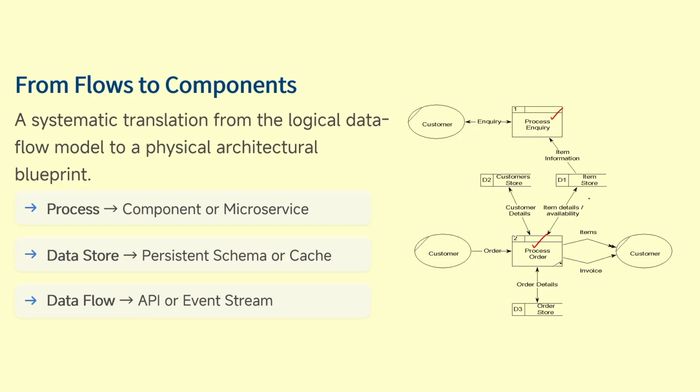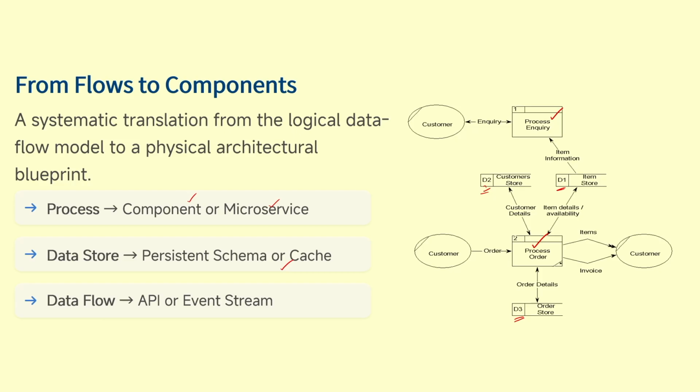D1, D2 and D3 are called your data stores and all the arrows are called your data flows. Okay. So all the processes will be converted to a component or a microservice, and data stores to a persistent schema, or if you want you can also go for a cache storage, and data flow becomes the API or the event stream with which you are going to move from one process to another.